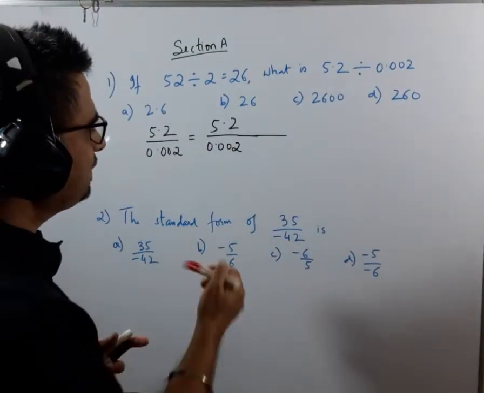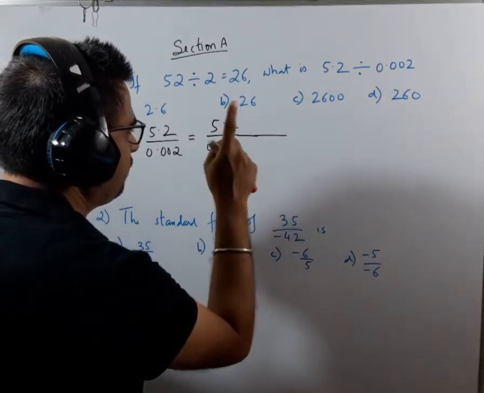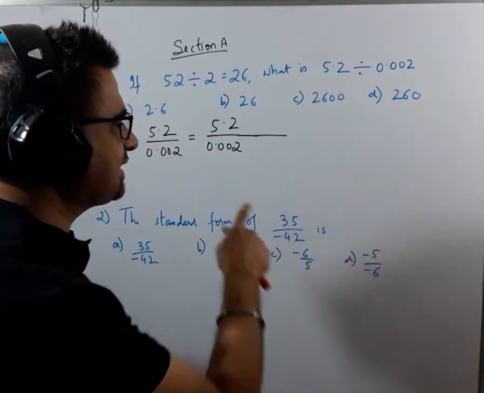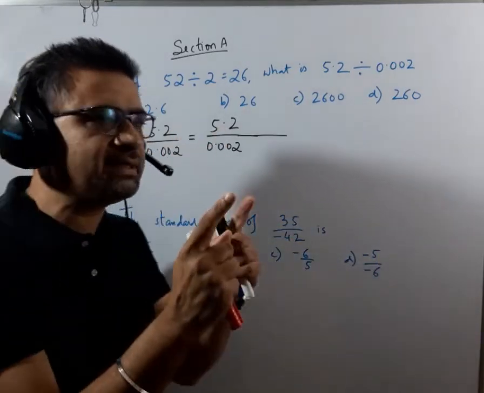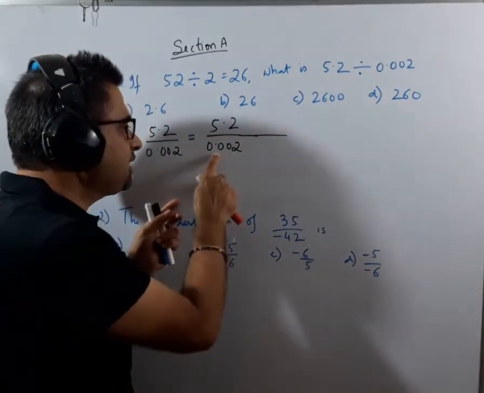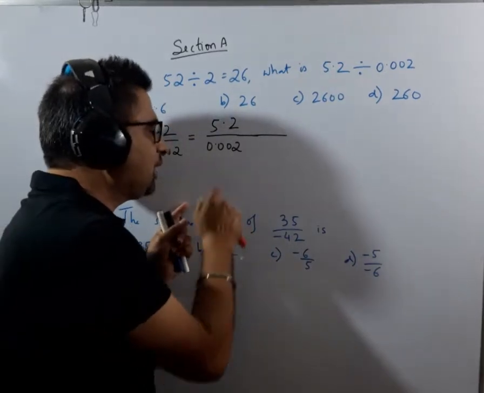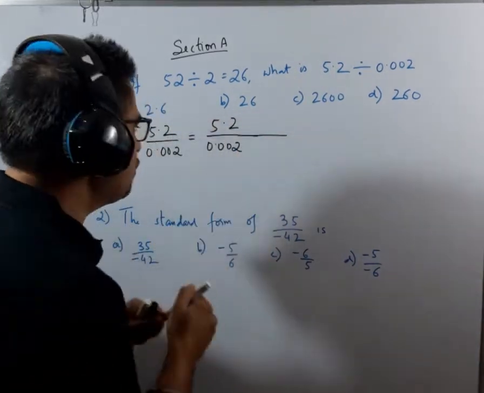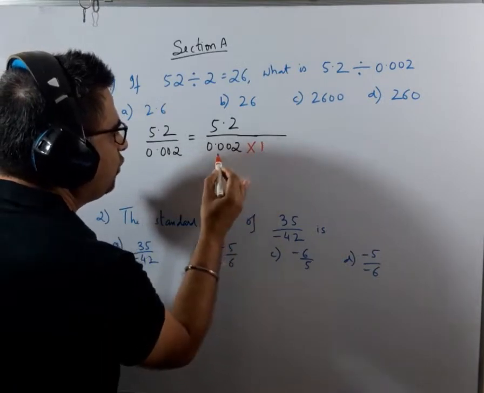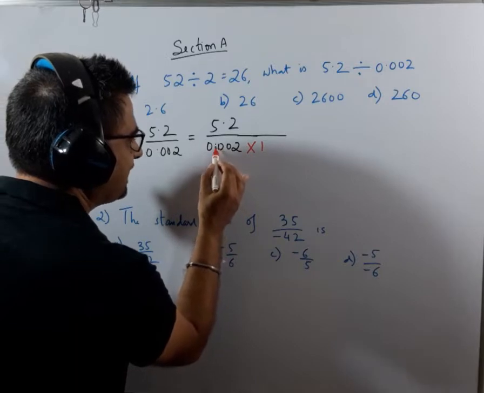We know that this will have to be multiplied by 1 followed by as many zeros as the number of decimals, because multiplying this by 10, let's say, moves the decimal one place. Multiplying by 100 would move it two places. Multiplying by 1000 will move it three places. So essentially we have to multiply this number by 1 followed by as many zeros as the number of digits to the right of the decimal.